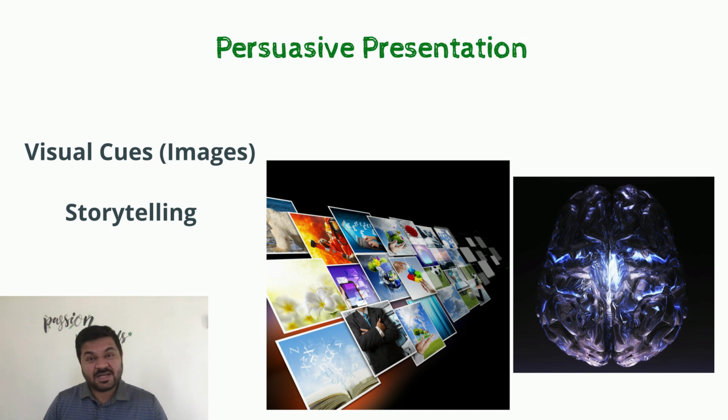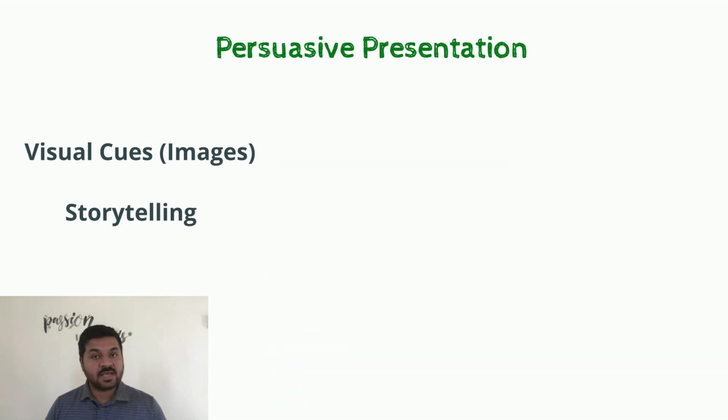And it's not just that our brain is dedicated to process visual information, our decision-making capacity is also strongly influenced by visual images. The same goes for our biological preference for storytelling.